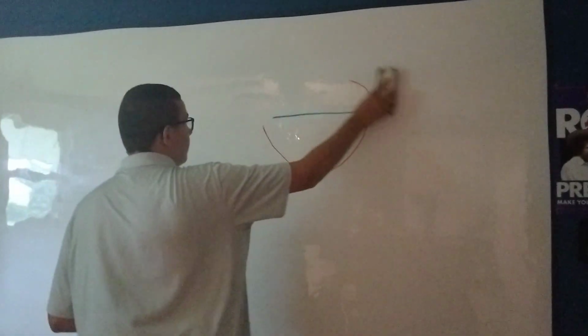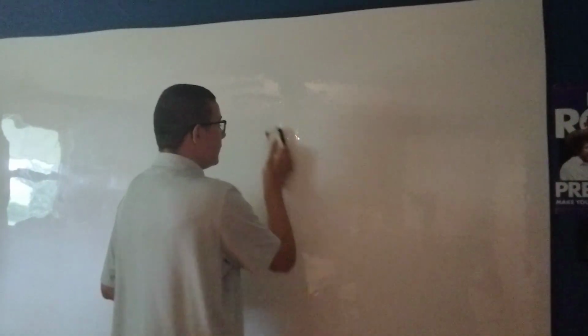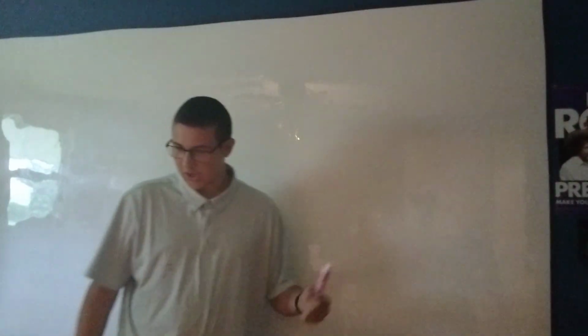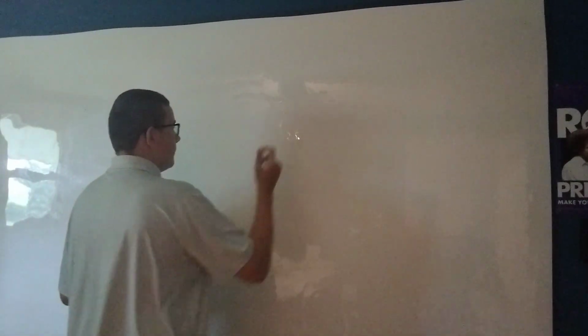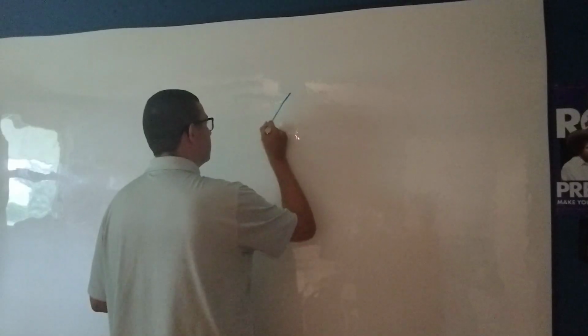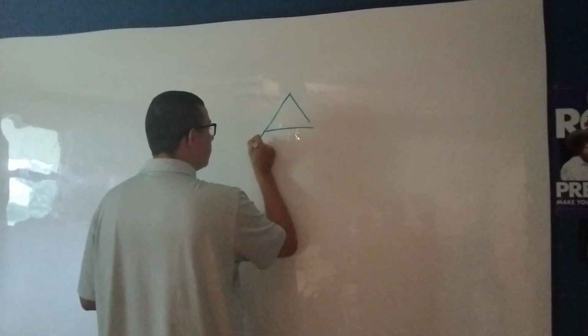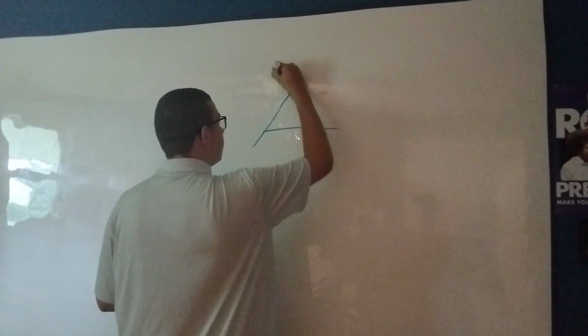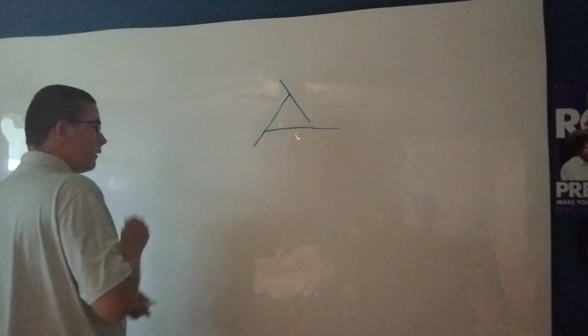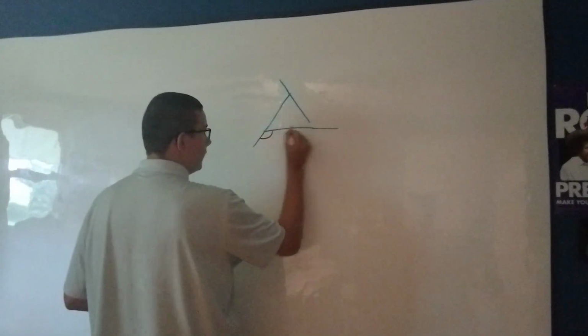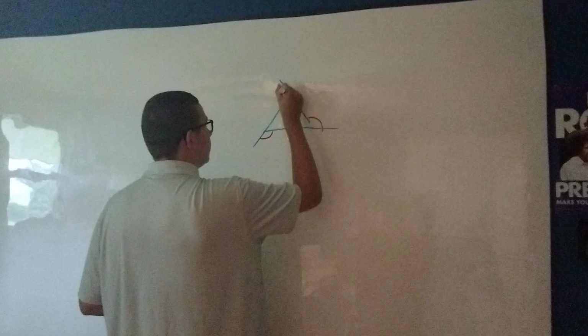And then as you add another side, well, in Euclidean geometry, you can't have a shape with 2 sides. In non-Euclidean, you can, but if we go up to 3 sides, a triangle, as you go around like this, you can see this, this, and this.